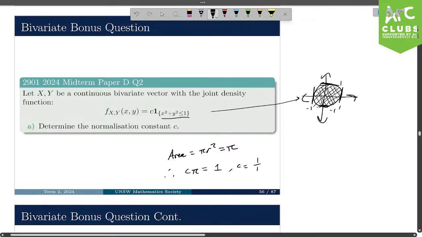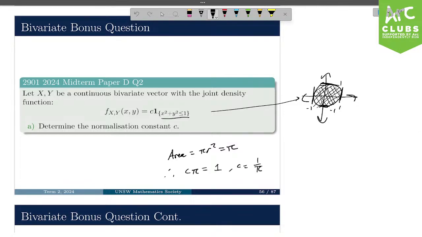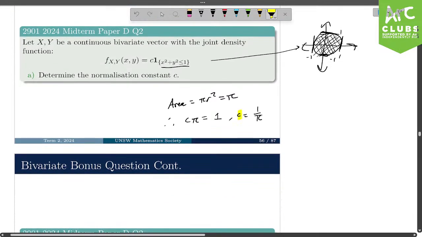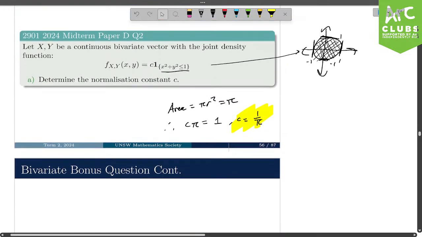C equals 1 over pi. Since the summation of all these values, which are the same value, over an area of pi, is my probability, which sums to 1, I divide by pi. So we end up with our value, and we are very happy. That is 2 marks already out of 10.